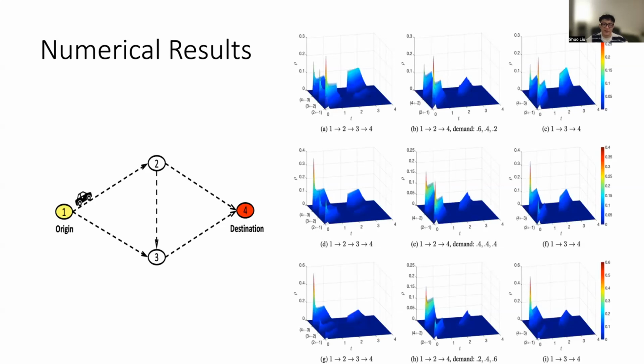Specifically, the right figure demonstrates the population density dynamics at mean field game equilibrium along three paths. That is the path 1, 2, 3, 4, path 1, 2, 4, and path 1, 3, 4.